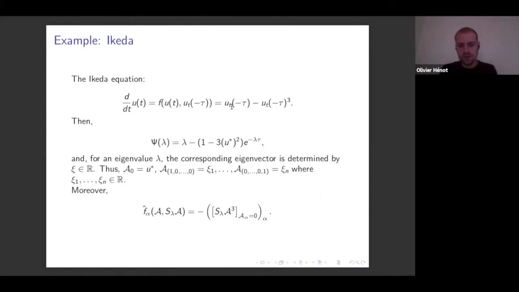And because you have u sub t, essentially this will pull out this exponential term right there. So very standard once again. As we mentioned earlier, the first coefficients of the Taylor series are going to be the fixed point and are going to be the eigenvectors.